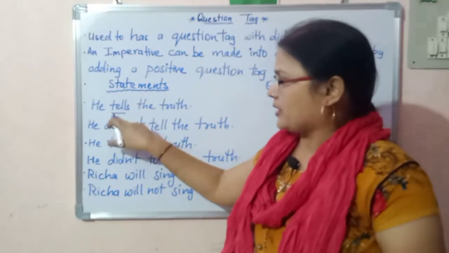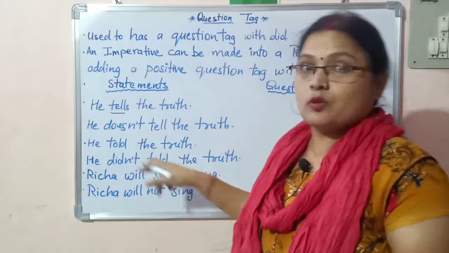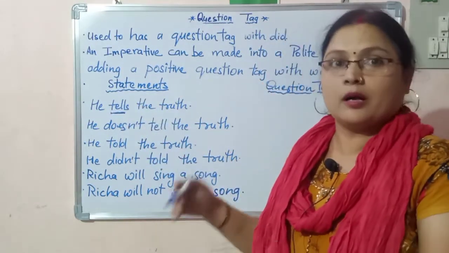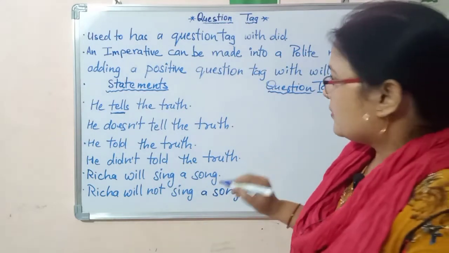So now see here, no helping verb there. When no helping verb there, then what should we do? We go to the verb. Verb is verb 1 or verb 2, means V1 or V2.